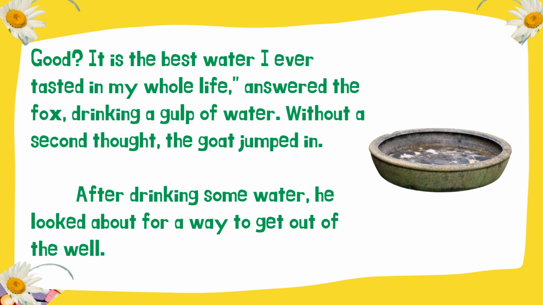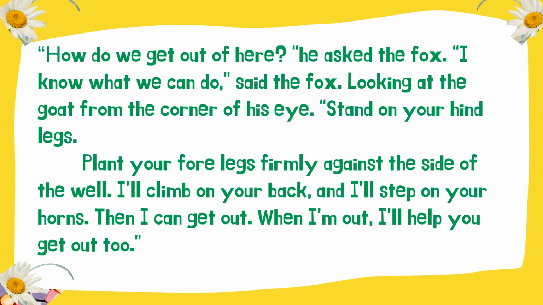After drinking some water, he looked about for a way to get out of the well. "How do we get out of here?" he asked the fox. "I know what we can do," said the fox, looking at the goat from the corner of his eye. "Stand on your hind legs. Plant your forelegs firmly against the side of the well.